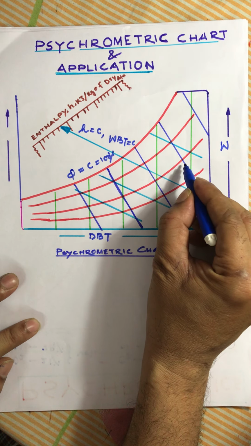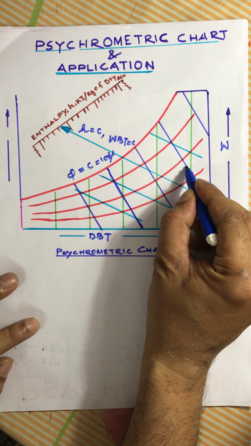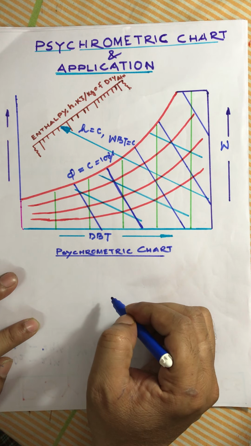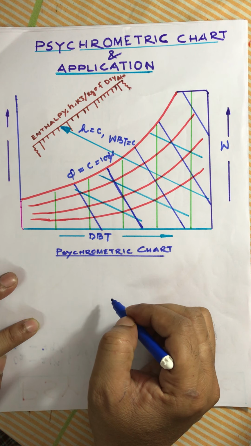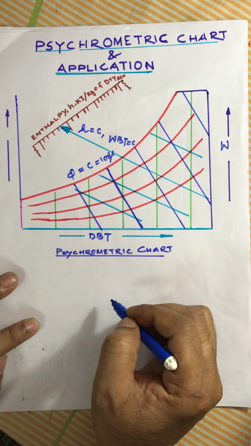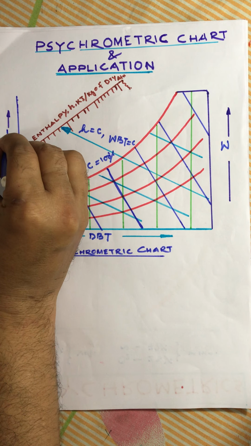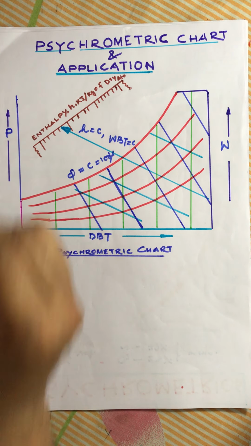And this inclined blue line is representing the specific volume of the water vapor per unit of dry air, and this line is representing the pressure.